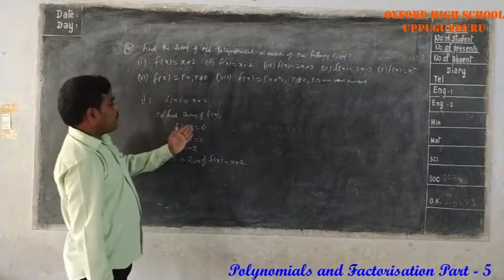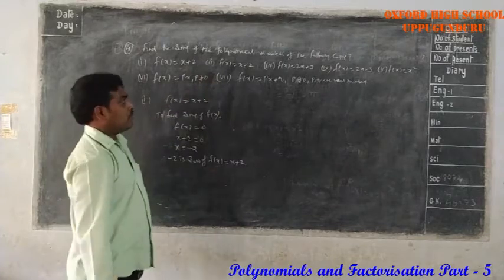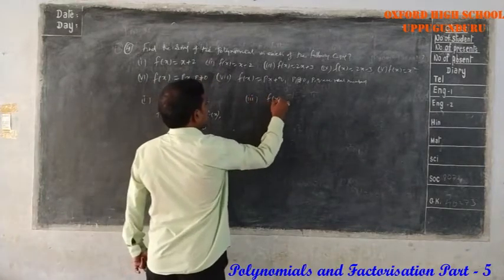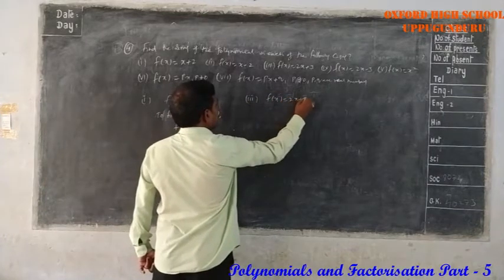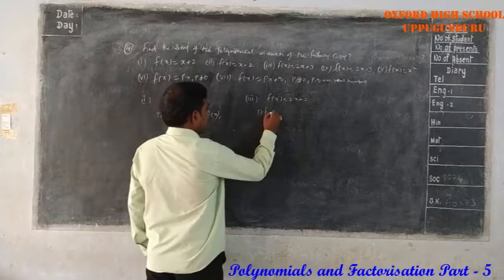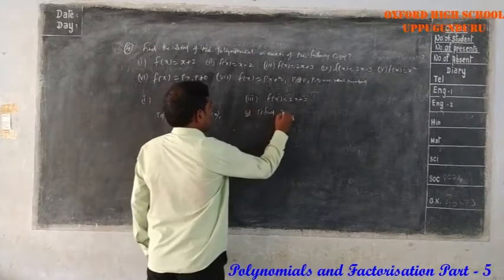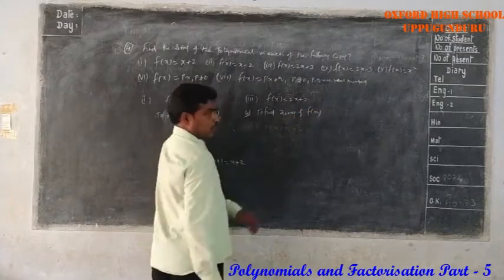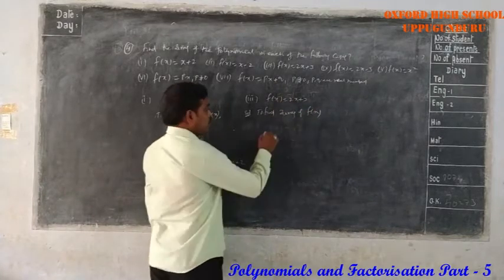In the same manner you have to do the second one. Now the third one, f of x equal to 2x plus 3. This also you have to do the same way. To find zeros of f of x, this f of x value should be 0.